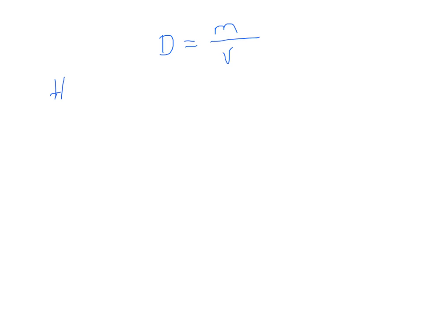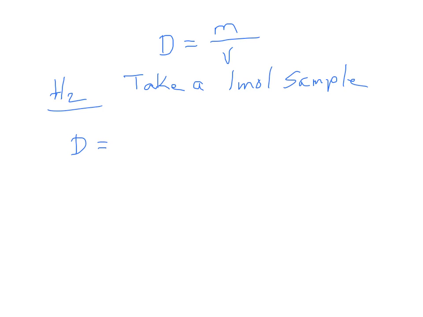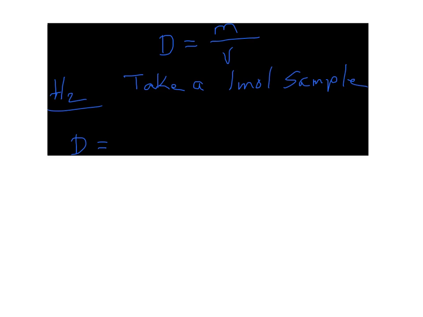Here we're going to calculate the density of hydrogen gas. If I take a fake 1 mole sample, I know the mass of the gas is going to be equal to the molar mass of the sample. Because the formula of hydrogen gas is H2, then 1 mole of H2 would be 2.02 grams.